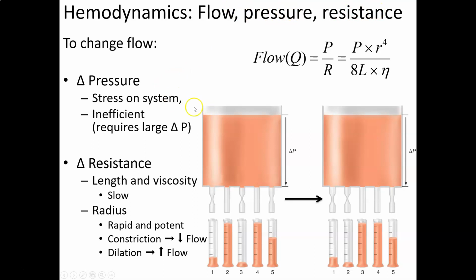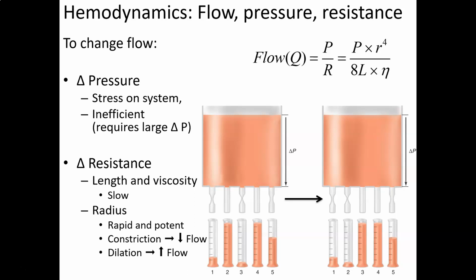And again, we maintain pressure in order to maintain flow. It's believed that pressure is the homeostatically regulated variable, not flow, because it's easier for us to measure changes in pressure physiologically than changes in flow.